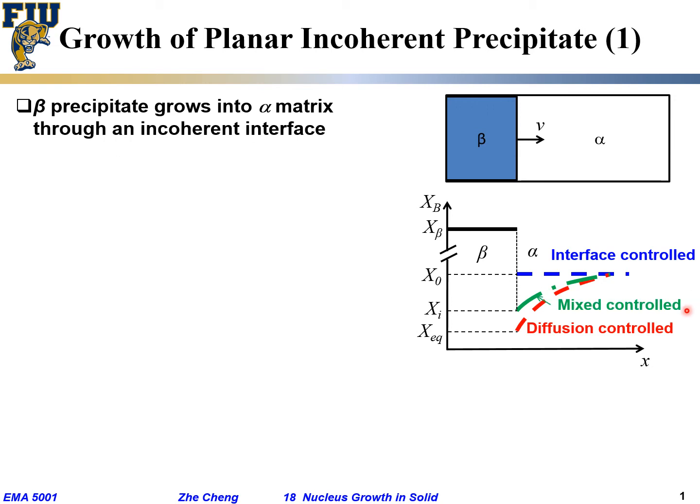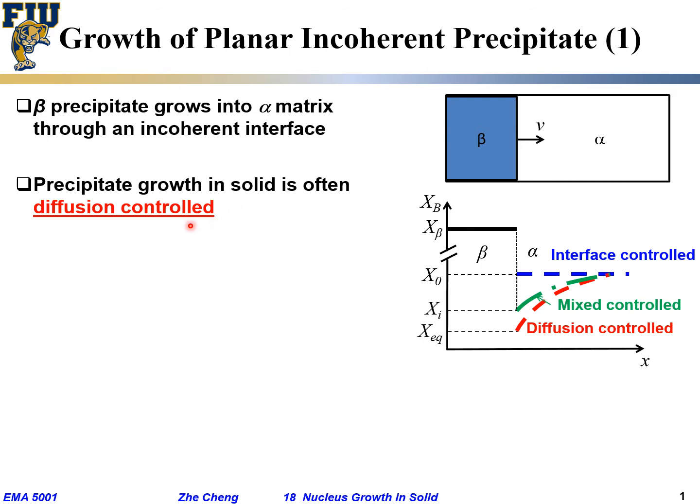So for most solid state precipitation or solid state phase transformation, the concentration would be so-called diffusion controlled. And in those conditions, the precipitate growth process would also be determined by the diffusion process. Diffusion of what? Diffusion of solute from deep within the matrix to near the interface.